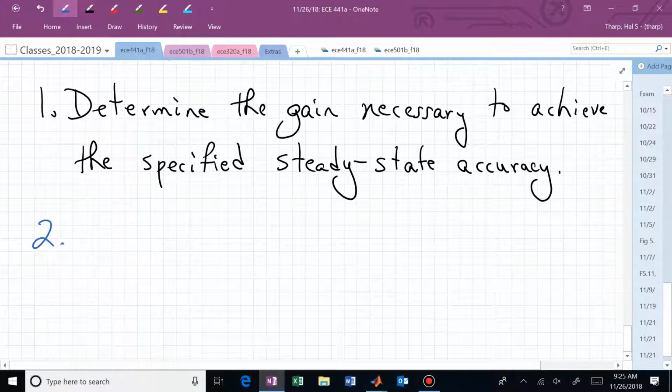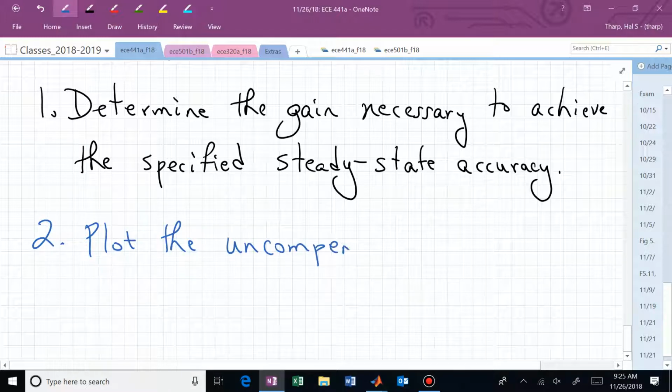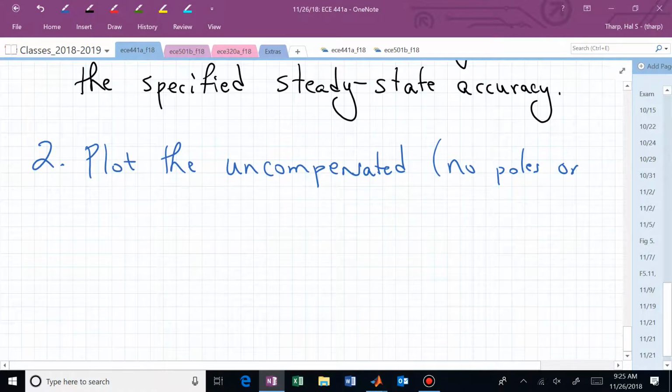Step 2 is we now need to sketch the Bode plot. Obviously we need something to begin with, and that's the sketch of the Bode plot. So now we plot, and this is a plot of what I will now refer to as the uncompensated. That means we haven't yet introduced any poles or zeros of our controller. So no poles or no zeros from the controller.